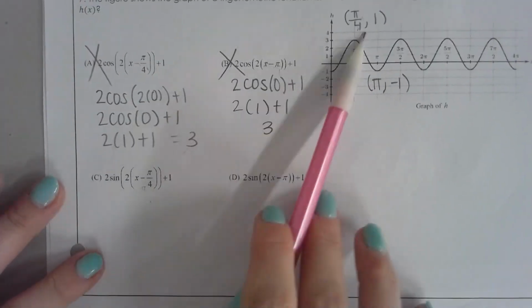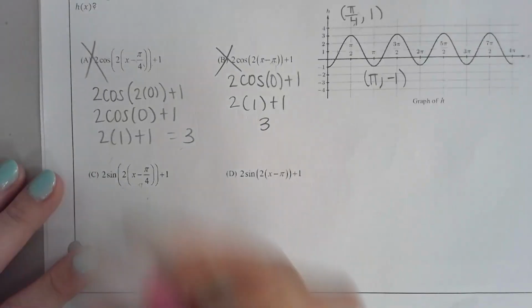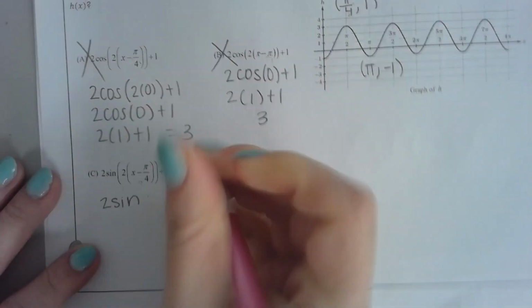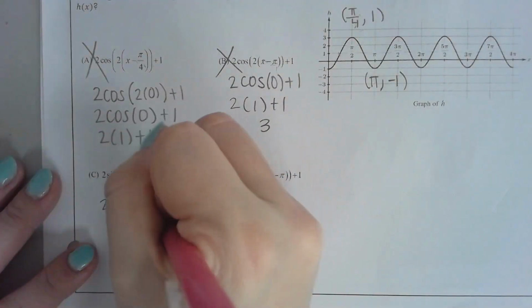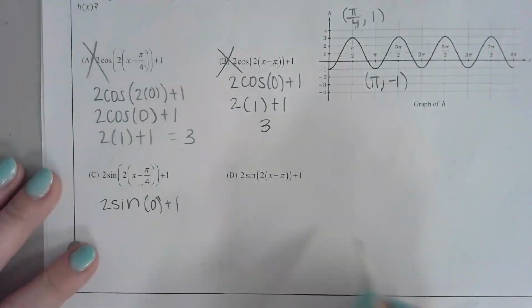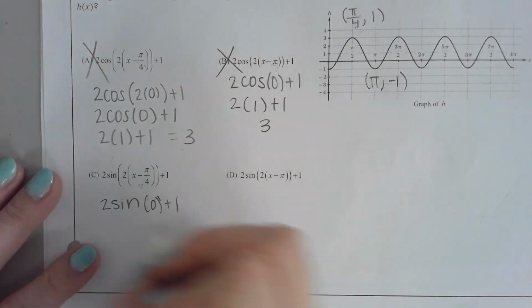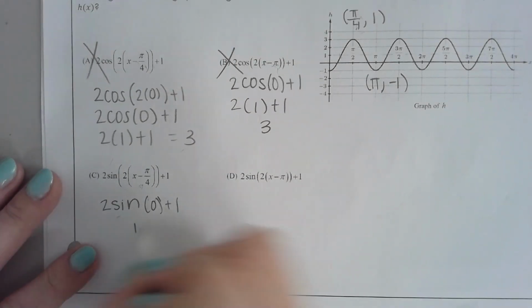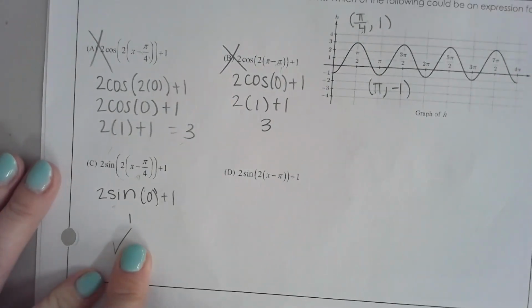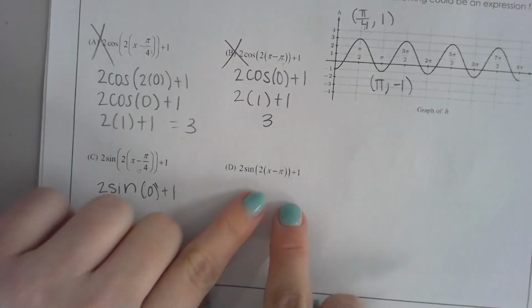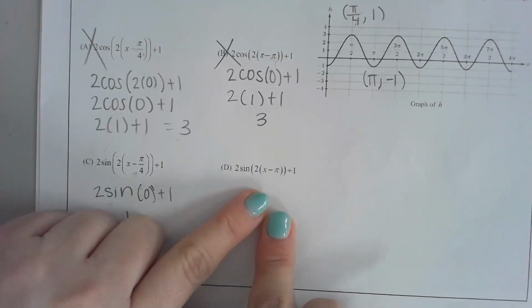I can try pi over 4 here again. That's going to make this 0. Plus 1. Sine of 0 is 0. That's going to give me 1. So this possibly, I'm not going to say for sure that C is it, but I know that it could be. If I can eliminate D, then I don't have to do any graphing.